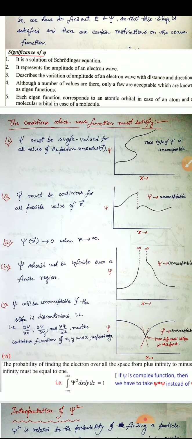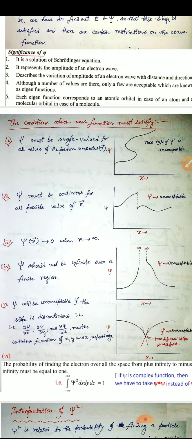The function psi will be 0 if r is equal to infinity. If it is a very high or unacceptable value, then psi will be 0, but when r is real, then psi should be real.